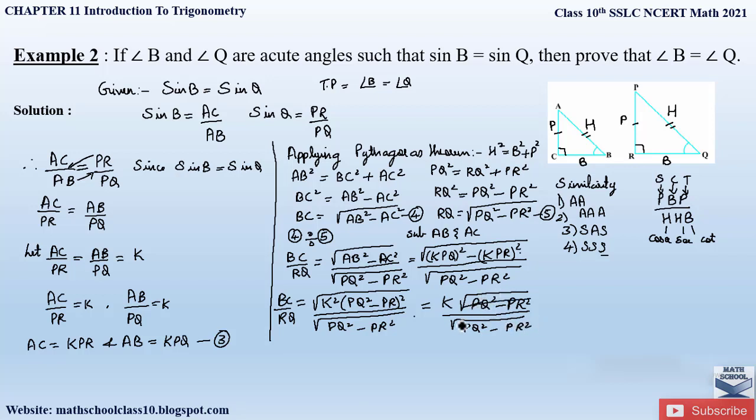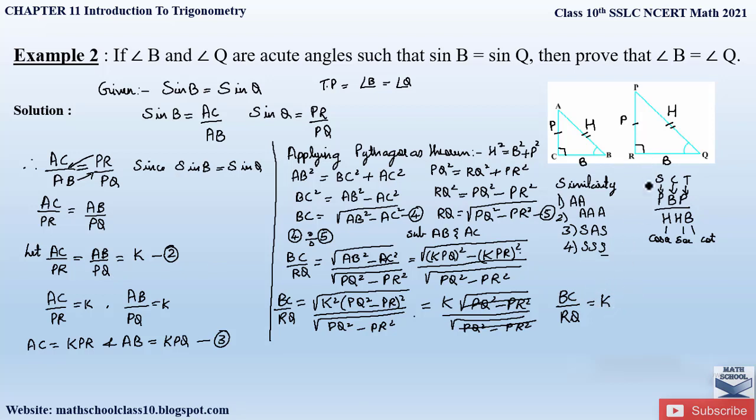Therefore, this numerator and denominator will cancel out, and therefore you will get BC by RQ is equal to K. Again, the third side ratio of these two triangles is also equal to K, like how we obtained in equation 2, where AC by PR is equal to AB by PQ is equal to K, and similarly the third side ratio is also equal to some constant K.